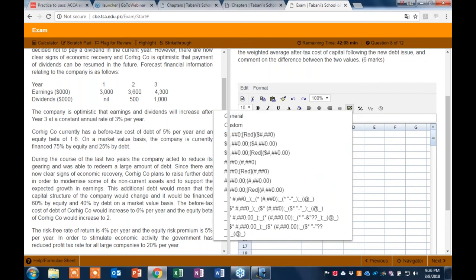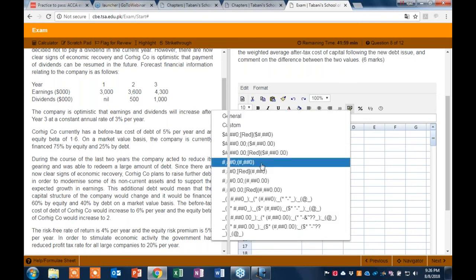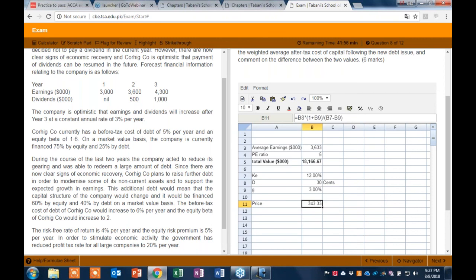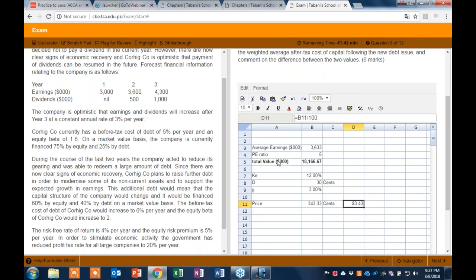So 34.33 cents is the price per share, and if we want to quote it in dollars, we have to divide it by 100. So it will now be $3.43 per share.